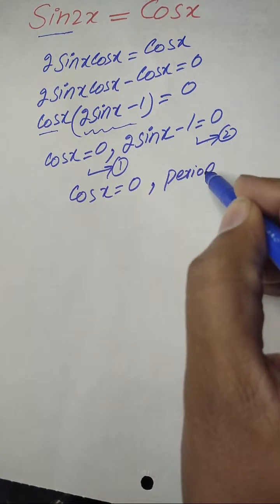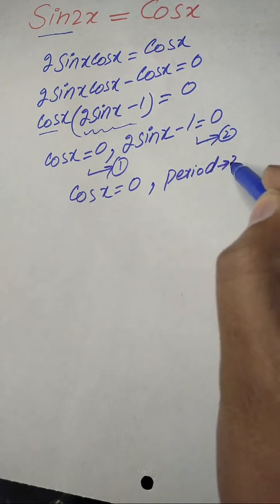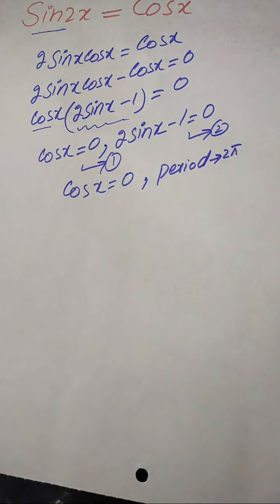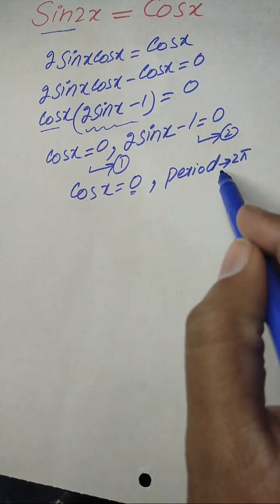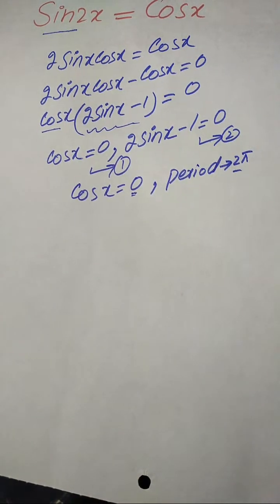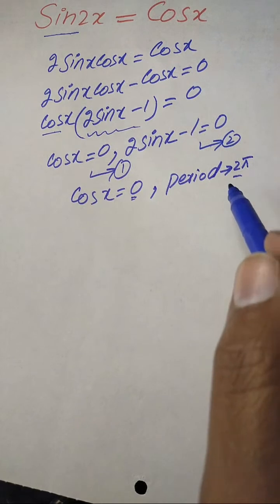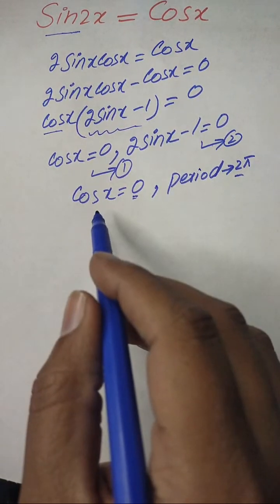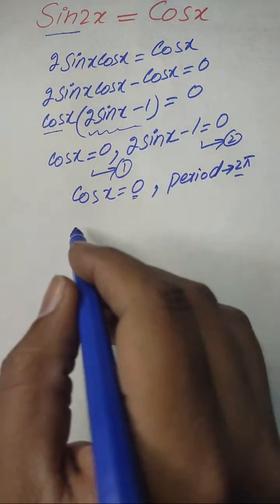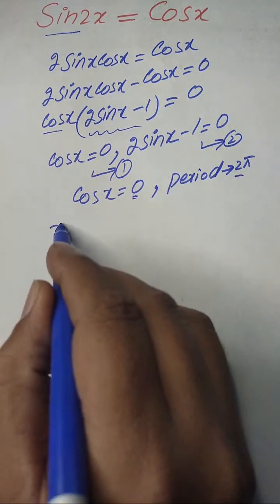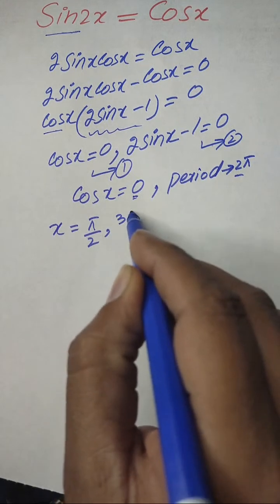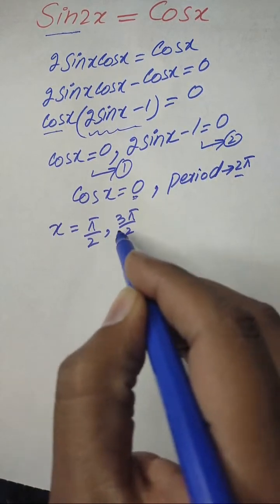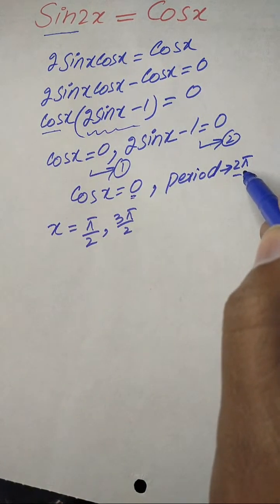So we will find the values in which cos is 0 in this period. In this period the values in which cos is equal to 0 are x is equal to pi by 2 and 3 pi by 2. We just find these values in this period 2 pi.